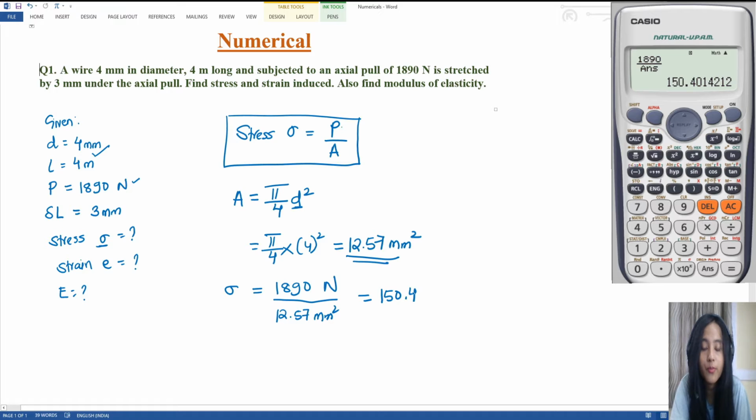Now what will be its unit? The unit of force P was Newton, area in mm square. So we have Newton per mm square. So this is the unit of stress, right?